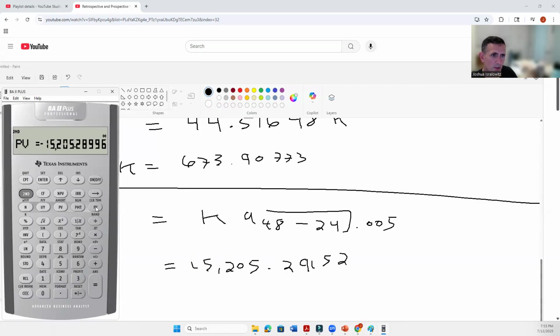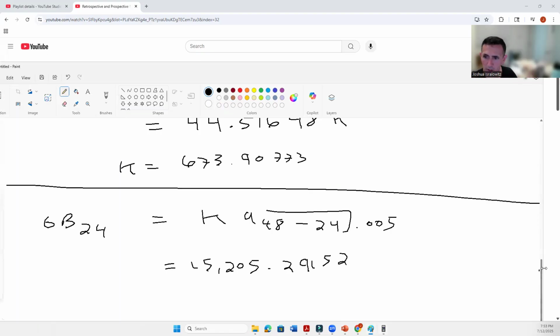Again, let me check my answer. So using the retrospective method, it's 24N, 0.25% interest. This is my payment. Compute future value, very negative, so plus 30,000 times 1.0025 as a decimal to the 24. And lo and behold, get the same answer.